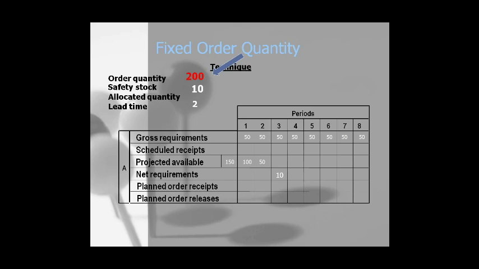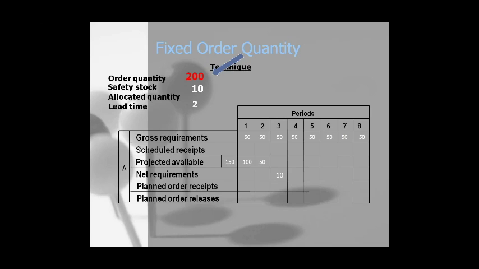In this example here, we're making an order quantity of 200. Now what that means is if I need 199, I buy 200. If I need 201, I buy 400. It's a multiple.